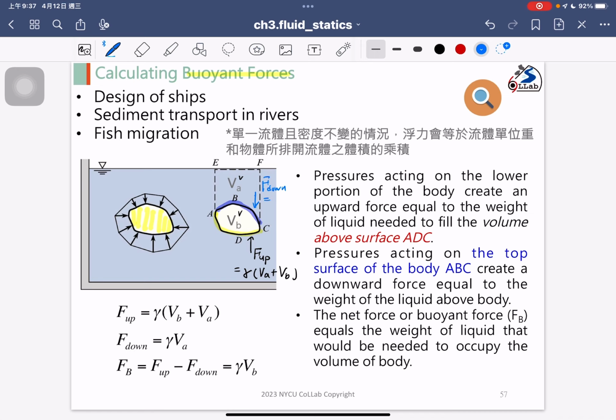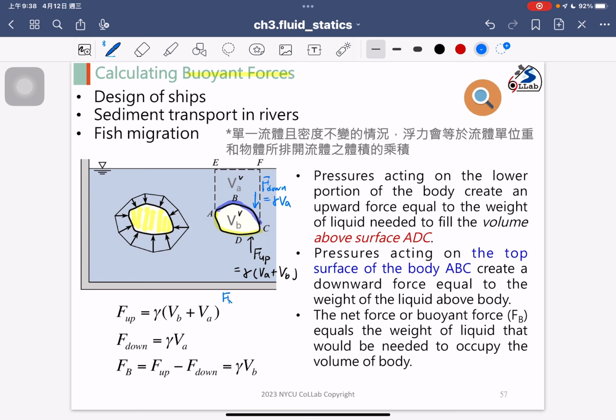The F down is caused by the fluid weight contributed from the volume VA, so we have gamma VA, right? For these questions, we need an additional force to balance all the forces we have, and then the particle will be static here, so that we can compute the force balance.